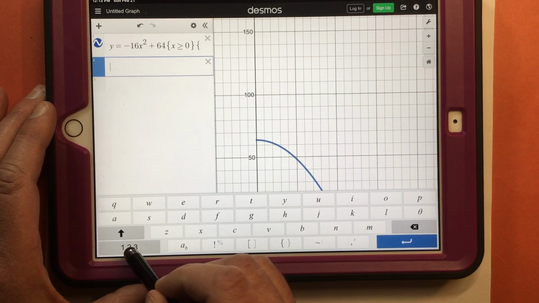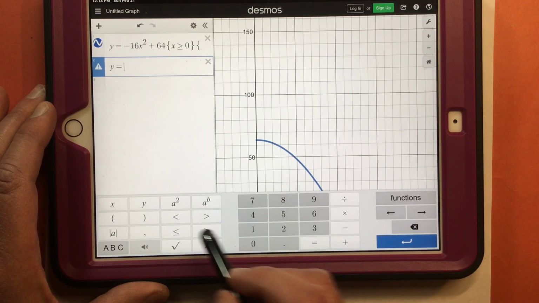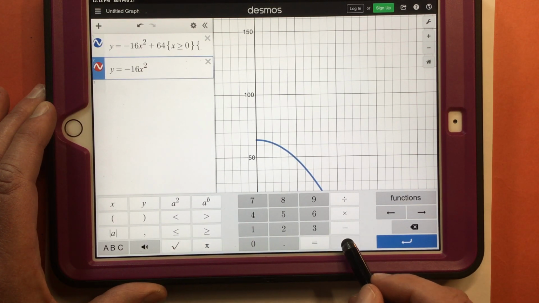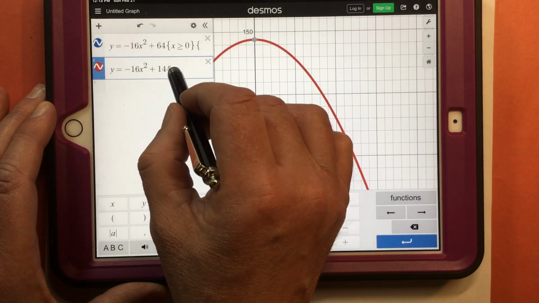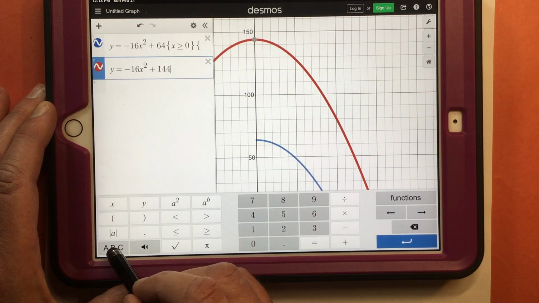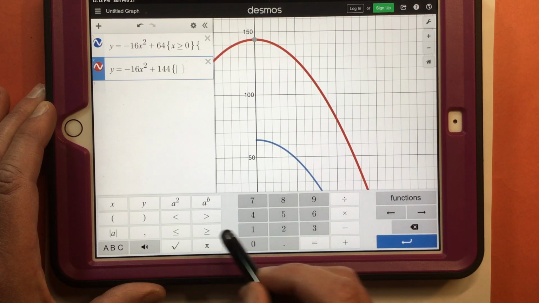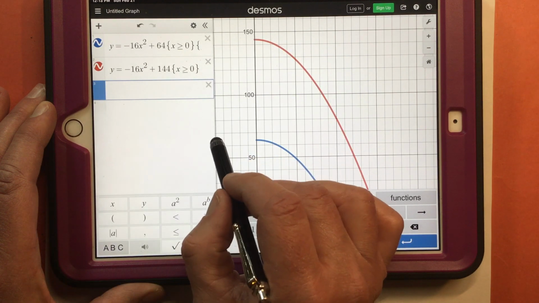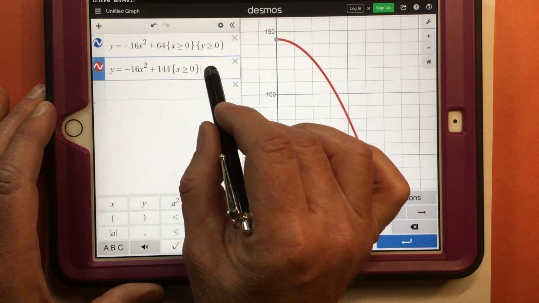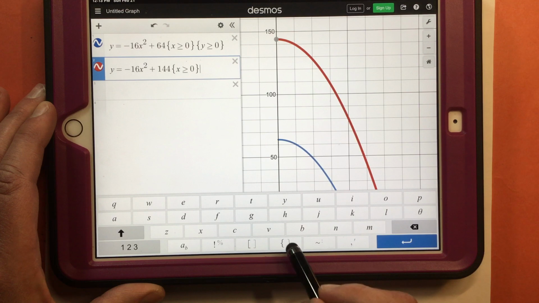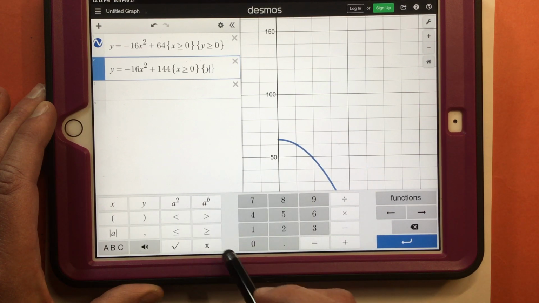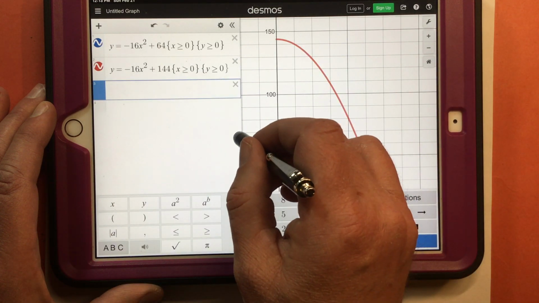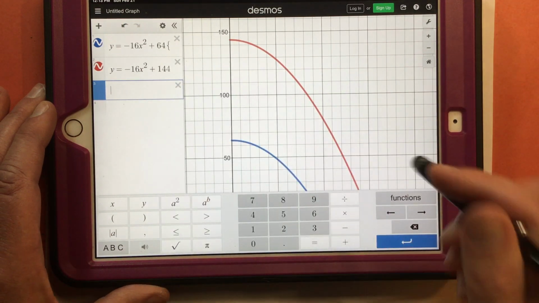I'm so sorry. Hang on. Y equals negative 16 x squared plus 144. I'll make sure I don't hit the x next time. So x is greater than or equal to 0. Okay, now I also want y to be positive. I bet that was fun to watch, I'm sure.